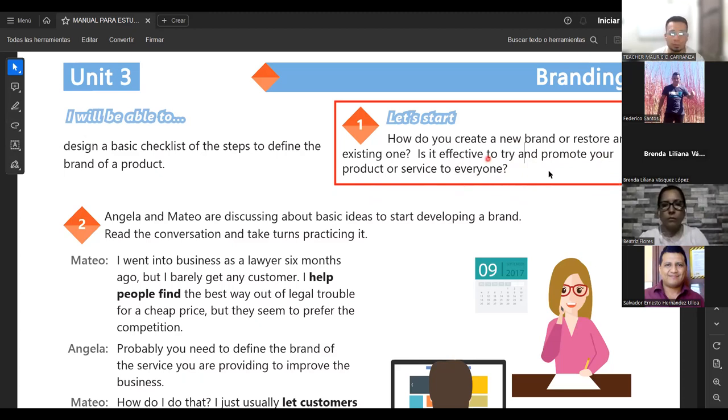Now it says, is it effective to try and promote your product or service to everyone? Well, I think that is obviously yes, right? What matters now, I think, is the platform that you use. What platform do you think is very trendy to promote a product or service? It can be social media, or another platform. What do you think?